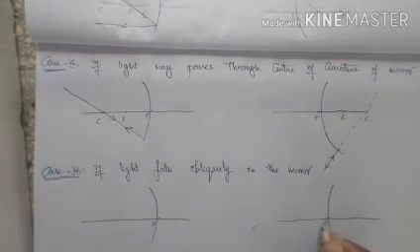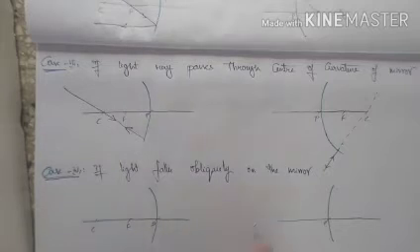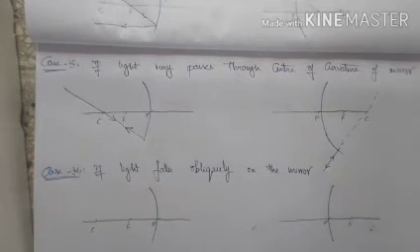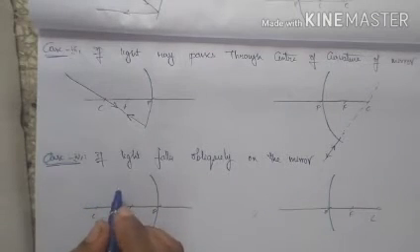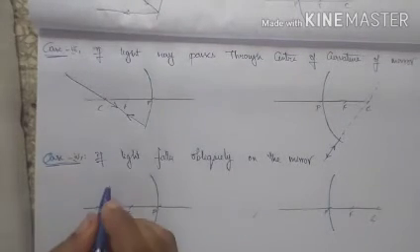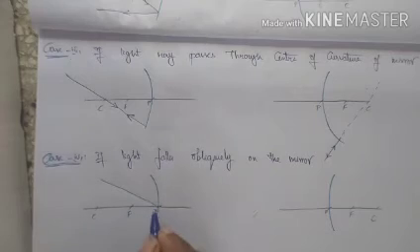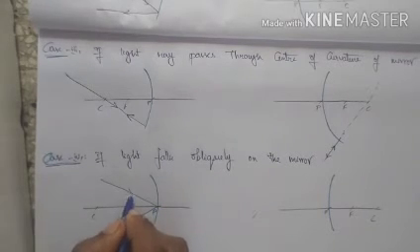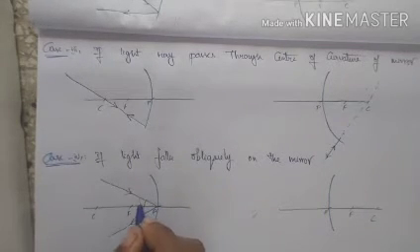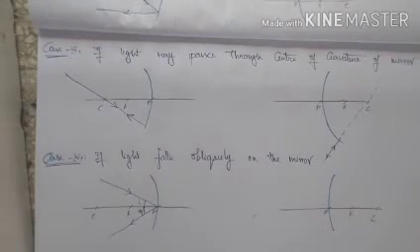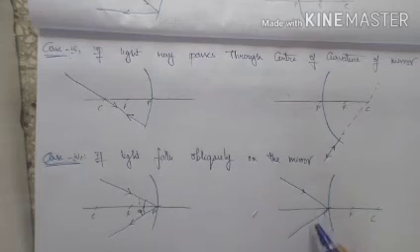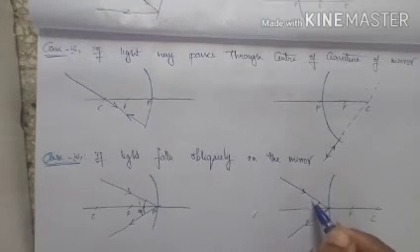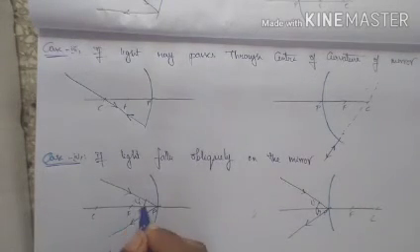Pole, focus, center of curvature, focus, center of curvature. If the light falls on here, then it will get reflected as such. Falls, reflects. Angle I, angle R. Then here also the same case. Angle I, angle R. Incident, reflected.